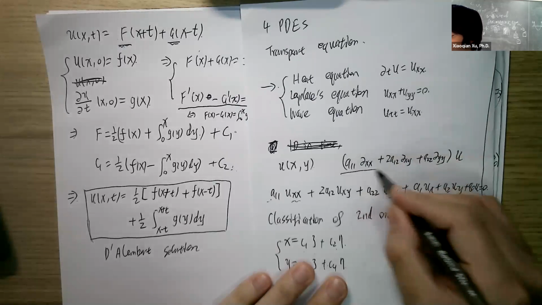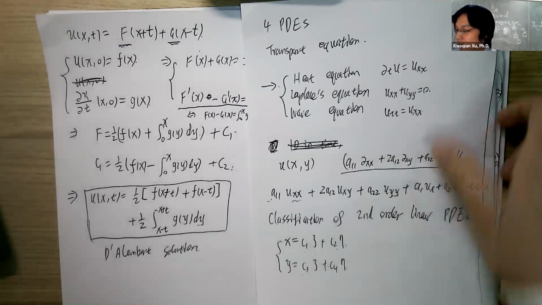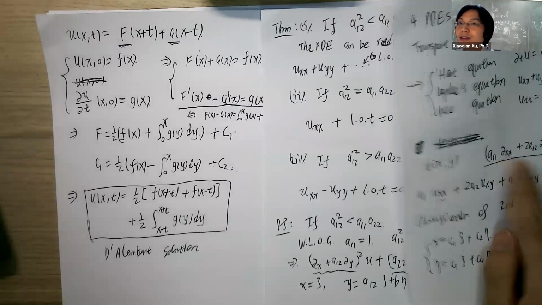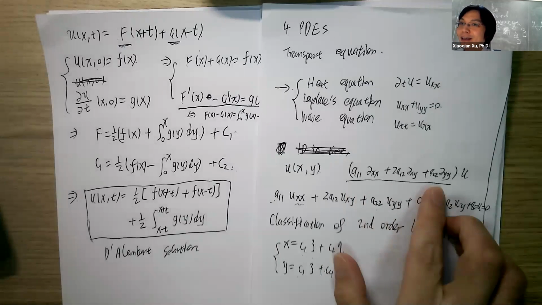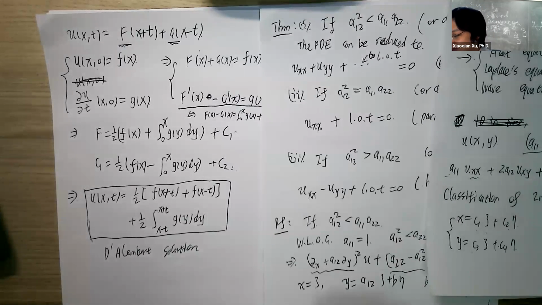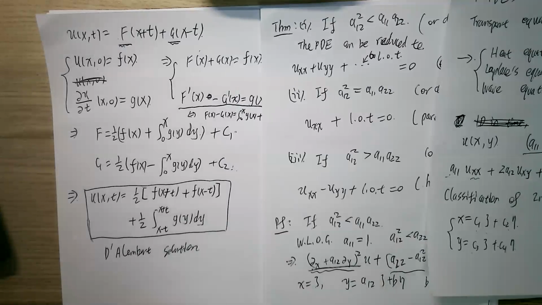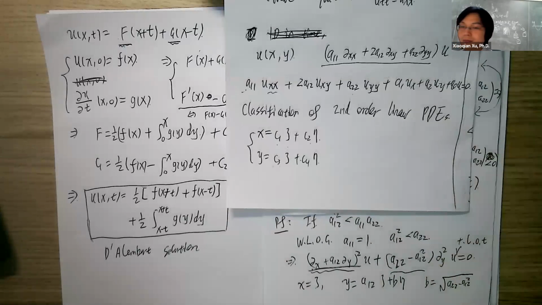Then you try to complete the square here. If you try to complete the square here algebraically, then what you find is this one. Does that make sense? So it's nothing fancy. It's pretty easy.